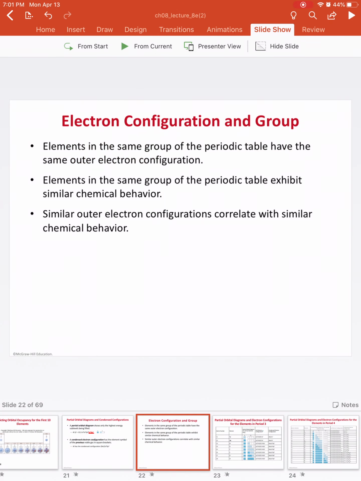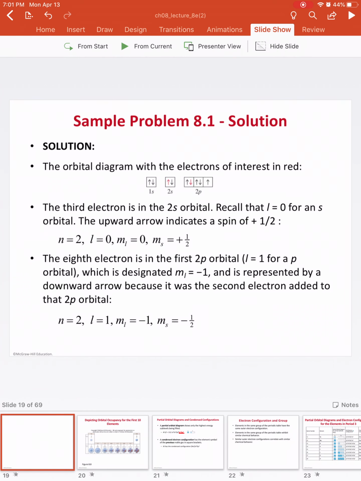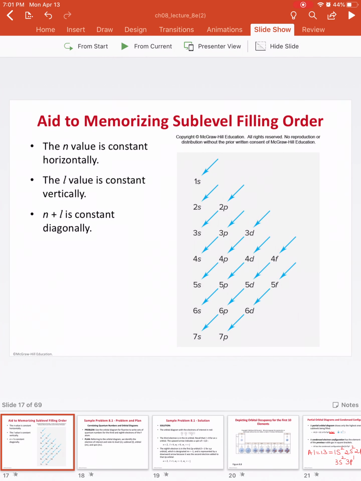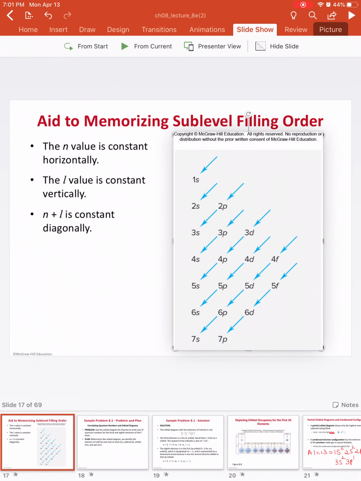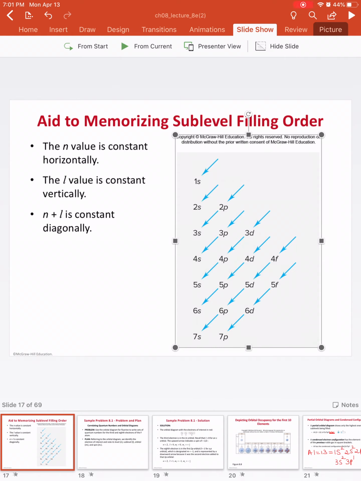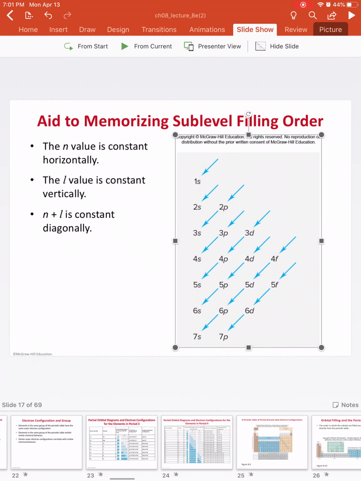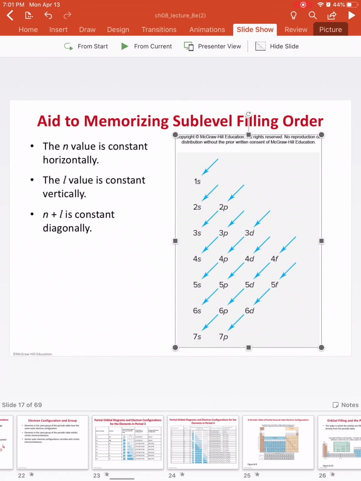So this is the diagram that I referred to. This diagram right there. Okay. So this you can use to draw the electron configuration for any element. So we were here.